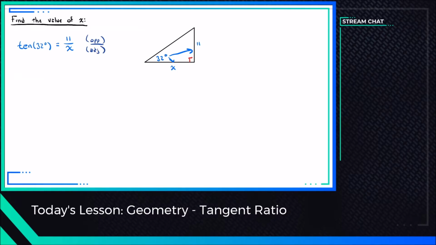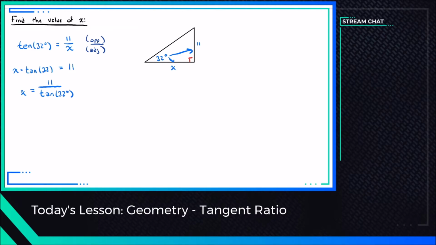If we multiply both sides by x to get x out of the denominator, we get x multiplied by the tangent of 32 is equal to 11. Now we need to divide both sides by the tangent of 32. So x is equal to 11 over the tangent of 32 degrees.